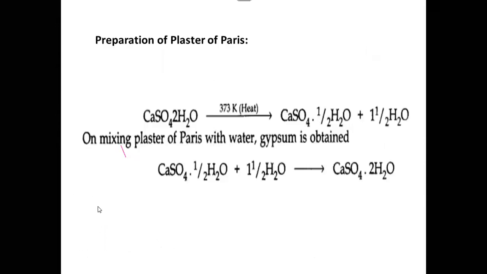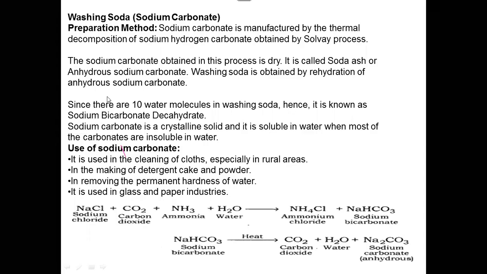Then the second last example is washing soda, commonly called sodium carbonate. It is prepared by the Solvay process again. When sodium chloride, carbon dioxide, ammonia and water are mixed, it gives sodium bicarbonate.